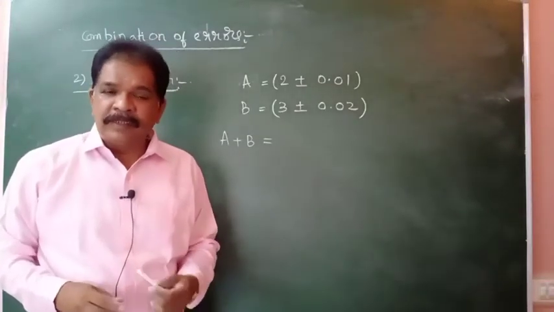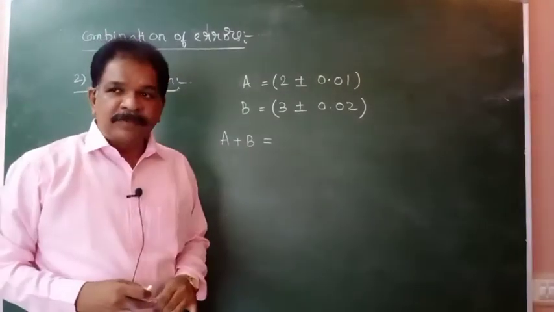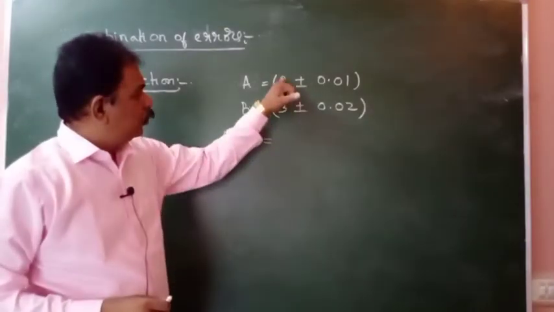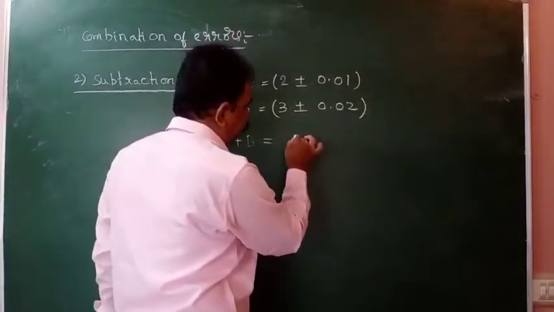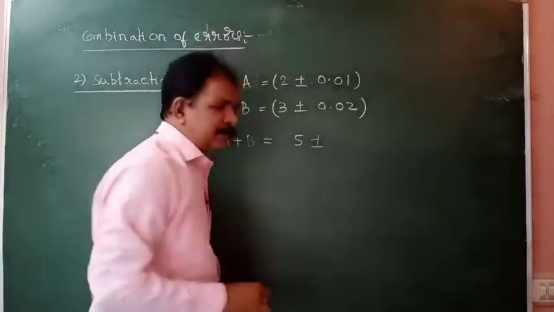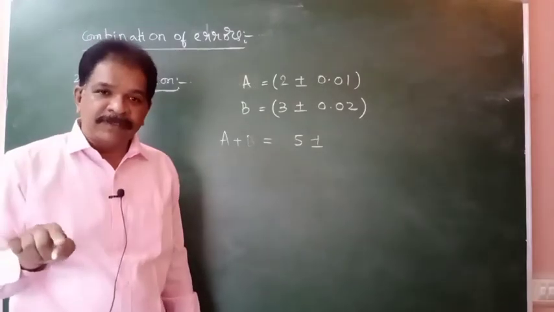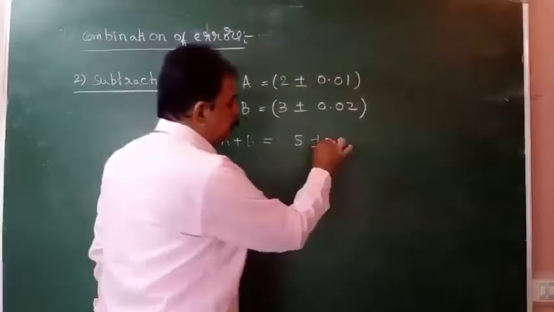With considering the error, find the value of a plus b. It means a plus b is equal to 2 plus 3. This value will be how much? 5 plus or minus. Errors should be added either in subtraction or in addition. If we add these two, this will be 0.03.